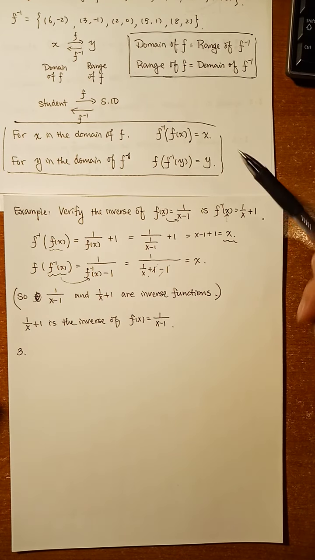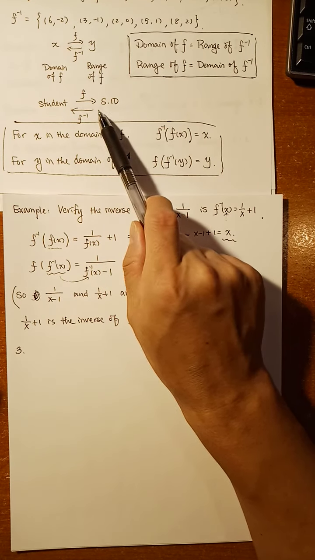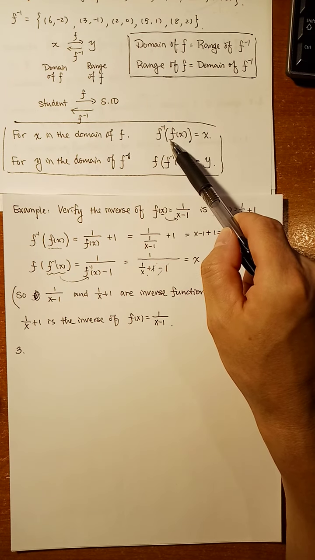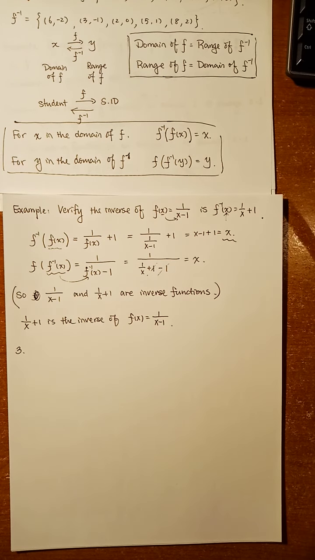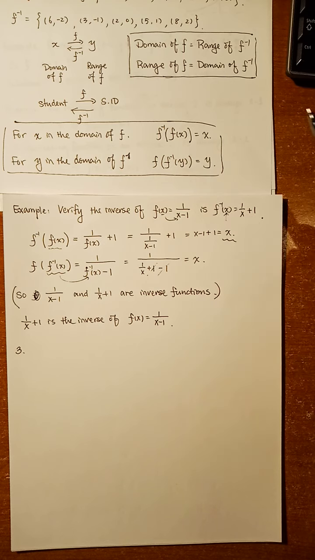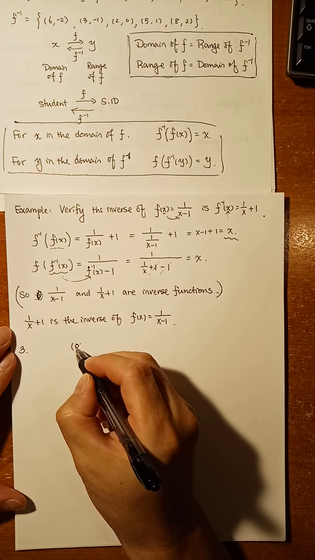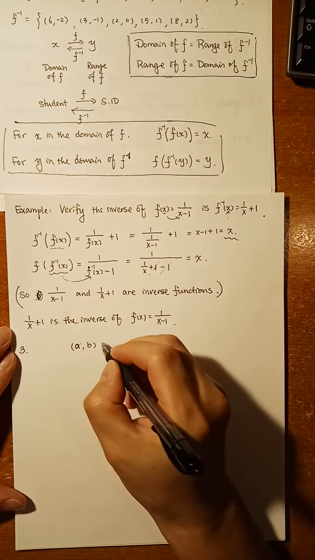Interchange them. And because this is a back and forth process, you apply F and apply F inverse, you get the original value. And similar thing happens if you apply F inverse and then F, you will also have the same thing. All right?